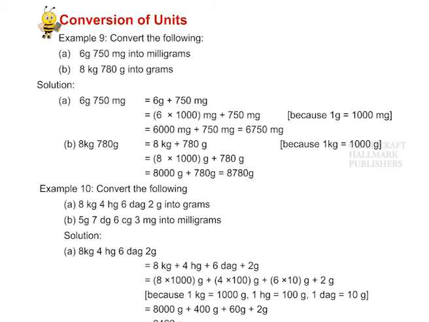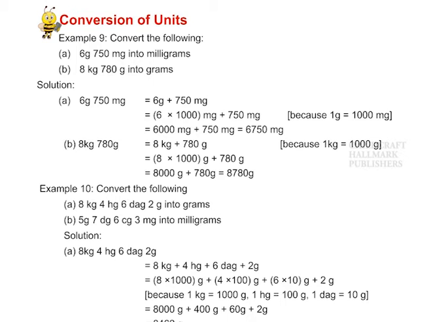Solution: 6 grams 750 milligrams is equal to 6 grams plus 750 milligrams, is equal to 6 into 1000 milligrams plus 750 milligrams, is equal to 6000 milligrams plus 750 milligrams, is equal to 6750 milligrams.